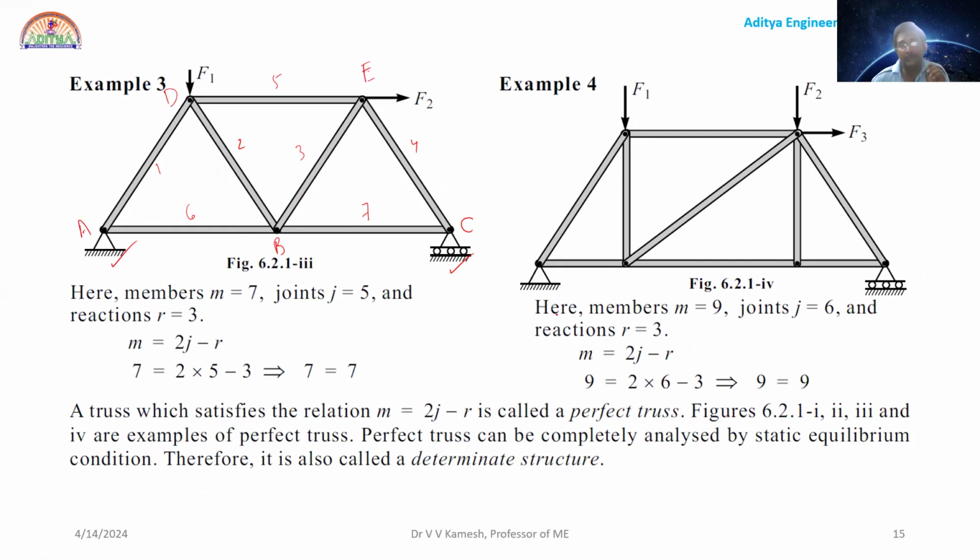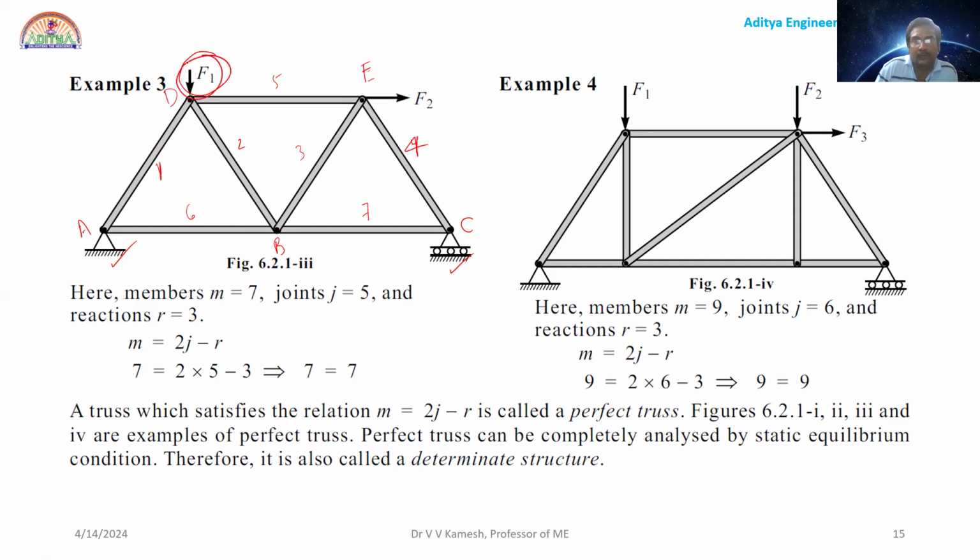In the last class, we checked whether this is a perfect or imperfect. Now in this class, how to determine the force that is generated by each and every member 1, 2, 3, 4, 5, 6, 7. So by application of the external force, here what are the external force?